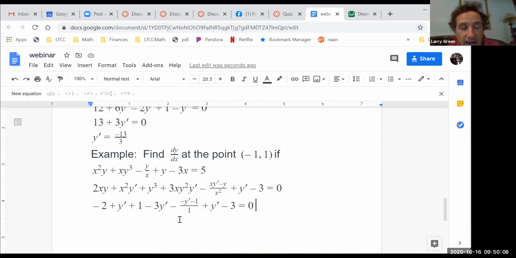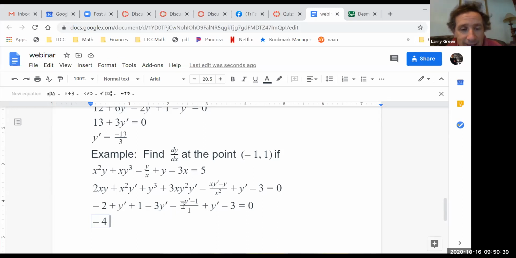Okay, now we got to simplify. So let's simplify as much as we can. So we have a -2 plus 1 minus 3. So -2 plus 1 minus 3 is -4. And then we have a y prime minus 3y prime, that's -2y prime.